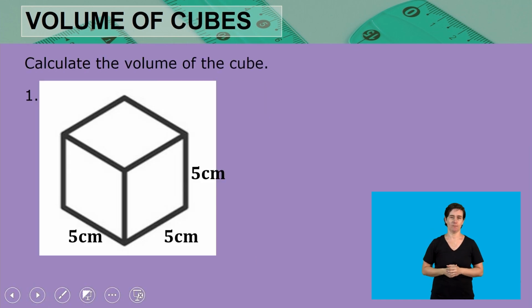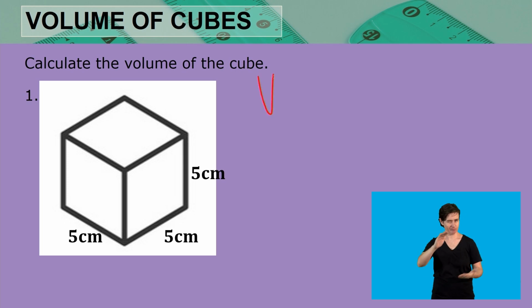We are given a cube here that has a length of 5 centimeters. And of course, the breadth is also 5 centimeters and the height is also 5 centimeters. It says to calculate the volume of the cube. So the volume of this cube is going to be the length cubed.